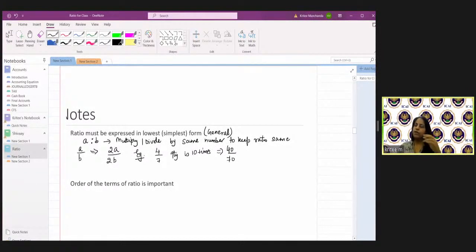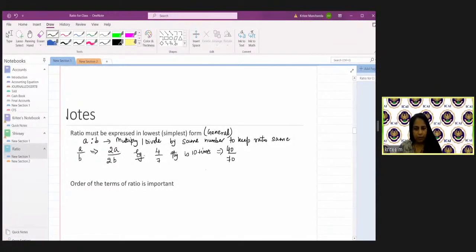Those of us who are into cooking know, if I am doubling the quantity of water for making the tea, I will have to double the sugar, I will have to double the tea leaves.